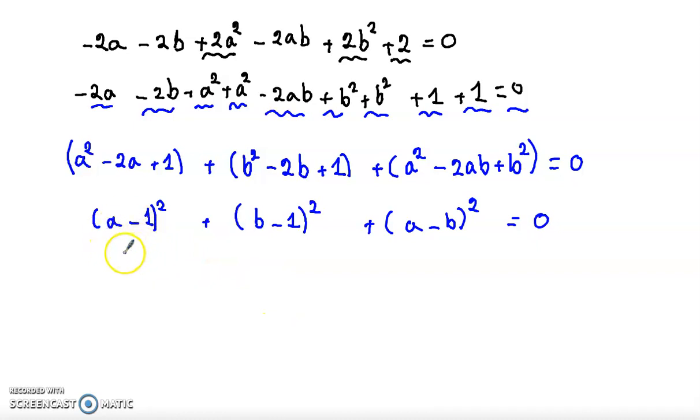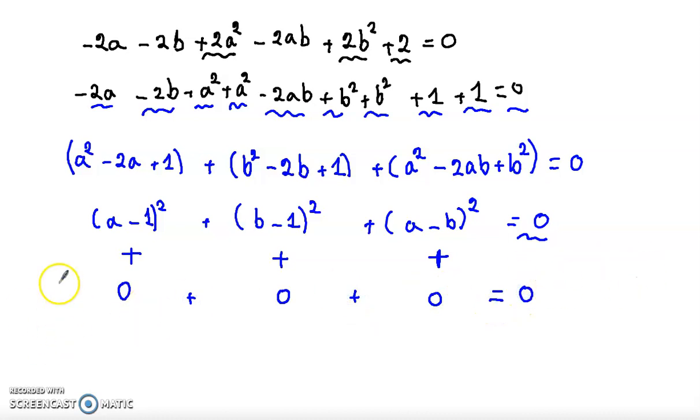Now we have three non-negative terms. Note that this equation is equal to 0 in one case: if a minus 1 equal to 0 and b minus 1 equal to 0 and a minus b equal to 0. So 0 plus 0 plus 0 equal to 0.